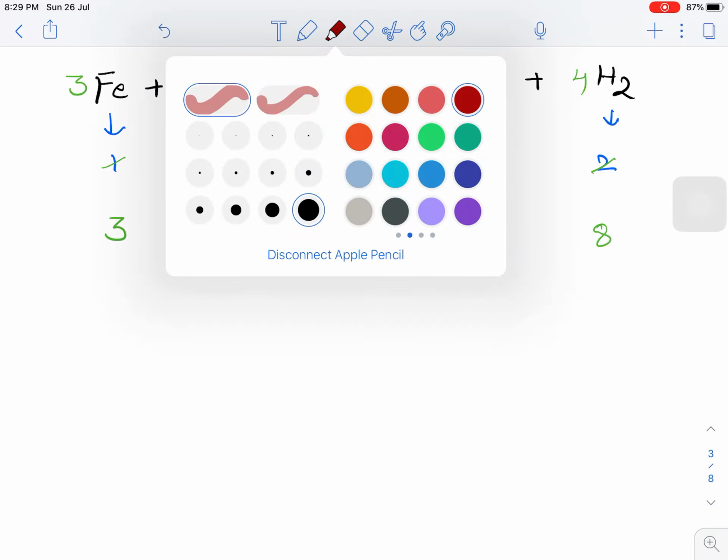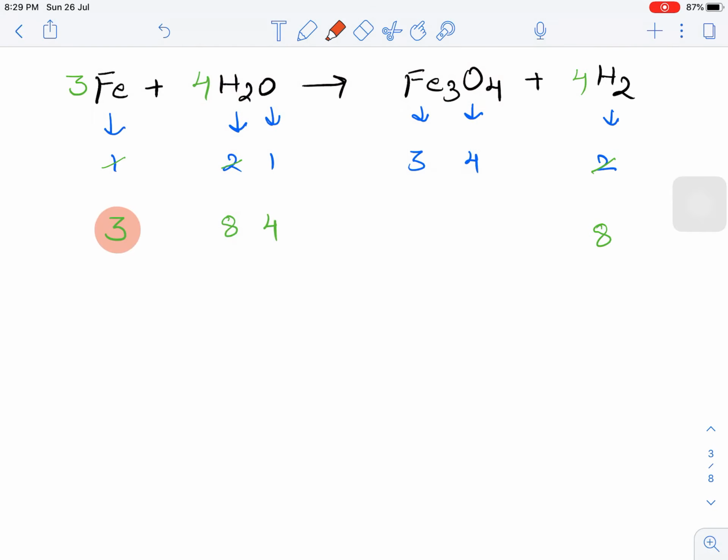Let us choose some different color. Now we have 8 hydrogens. Here do we have 8 hydrogen? Yes, this one is also balanced. Next, we have 4 oxygen. Do we have 4 oxygens over here? Yes, we have 4 oxygen.